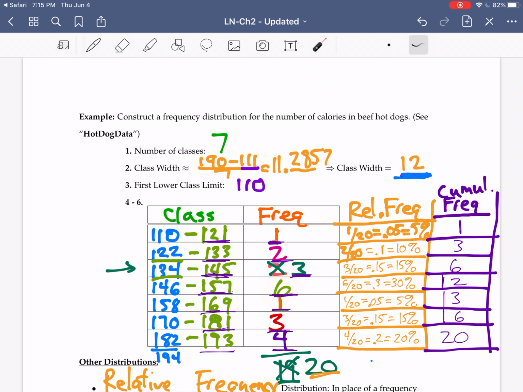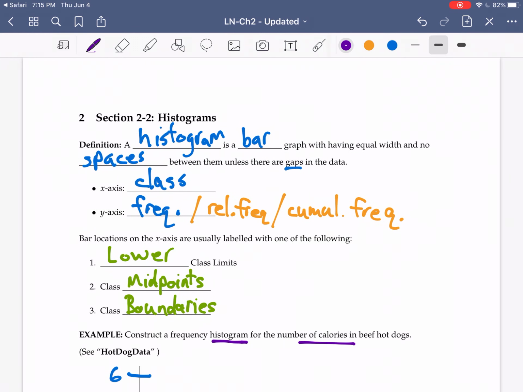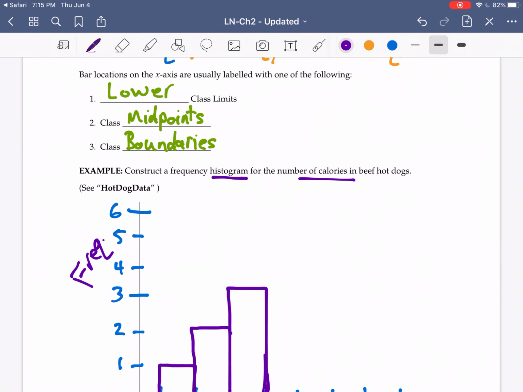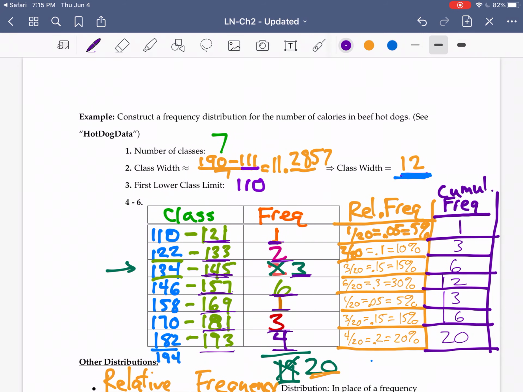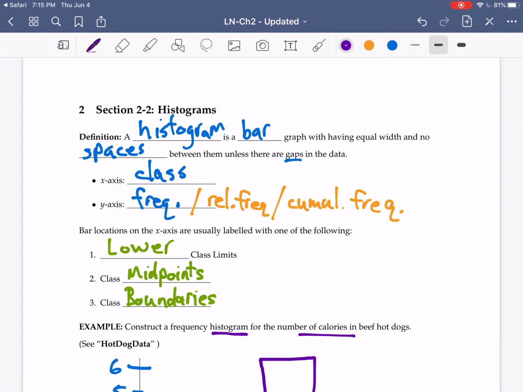Our fourth class is going to have a height of 6. That's our height of 6. Our fifth class has a height of 1.